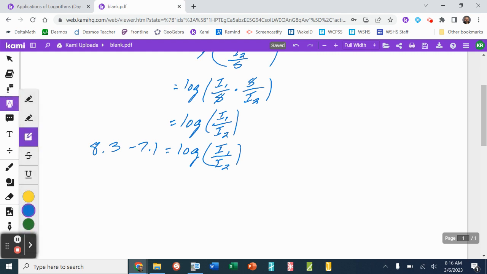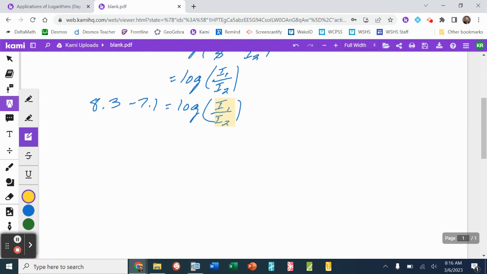It wants to know how many more times, because if I take the intensity of the first earthquake divided by the intensity of the second earthquake, that's going to tell me how many more times intense the 1906 earthquake was versus the 1989 earthquake.